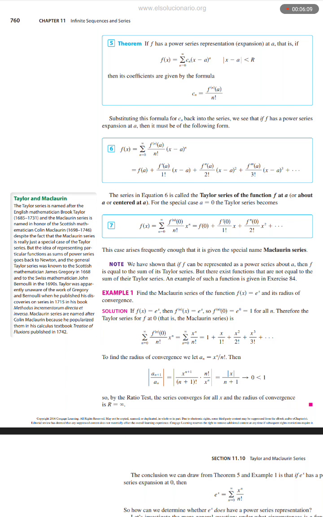Substituting this formula for c_n back into the series, we see that if f has a power series expansion at a, then it must be of the following form.